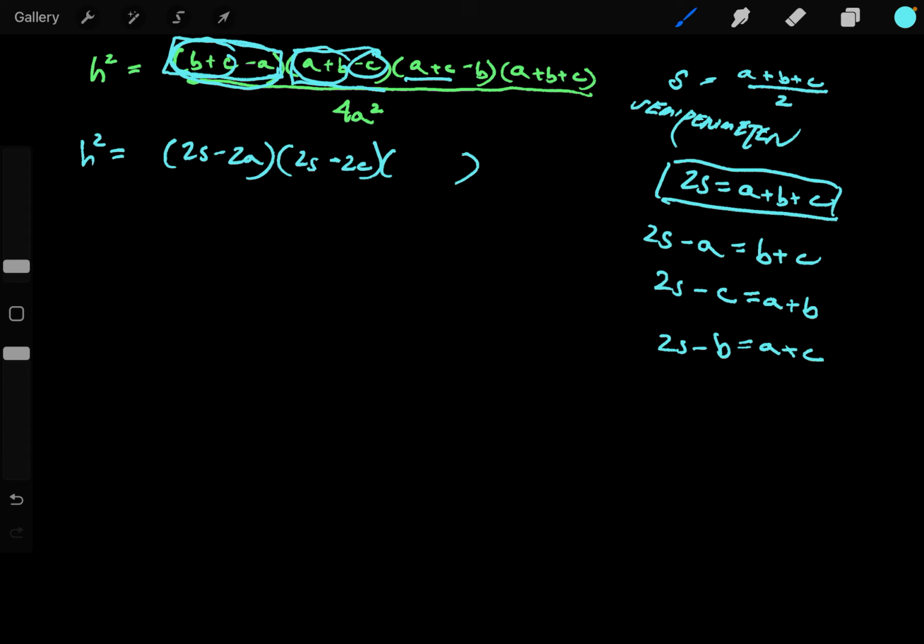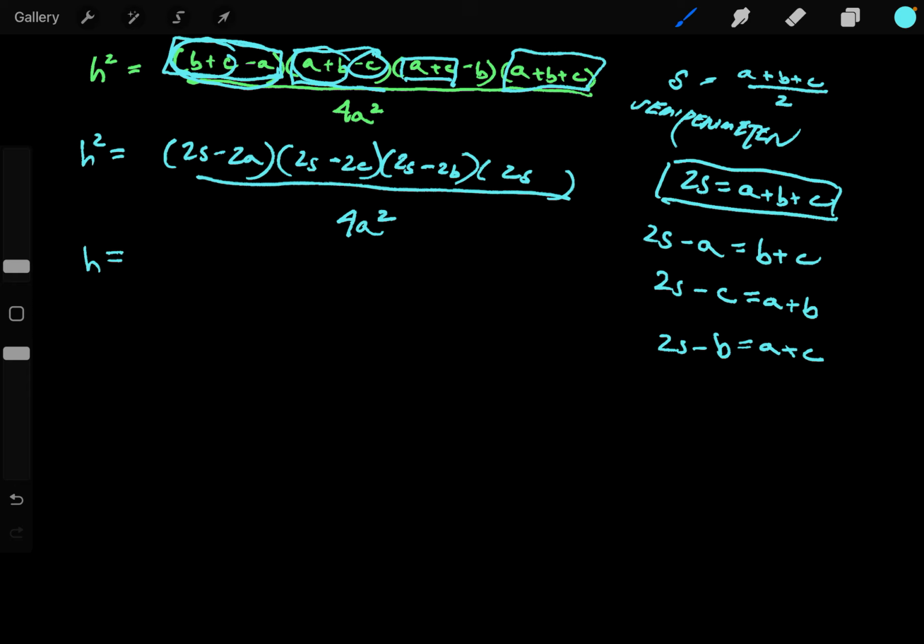You write that in, and you get 2s minus b minus another b, which is minus 2b. And then the last one, a plus b plus c, is just 2s. And then all over 4a squared. And then now you have h squared.